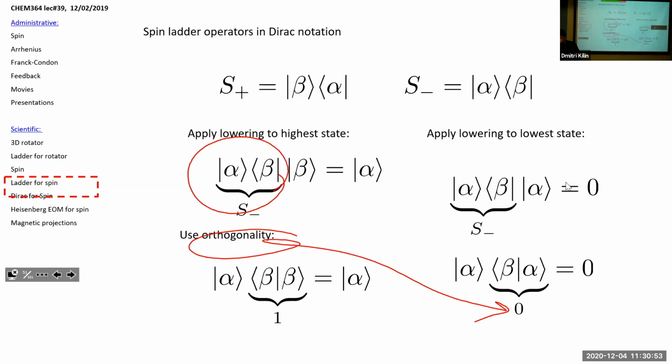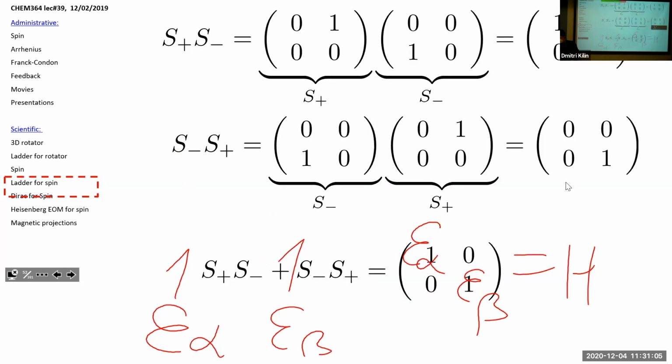So in Dirac notation, this S minus and S plus are just dyadic products. This little exercise will be of potential interest to Zane and Spencer. If we multiply raising and lowering operators in matrix form, just a little exercise, row by column gives 1, and any other row by column gives 0.